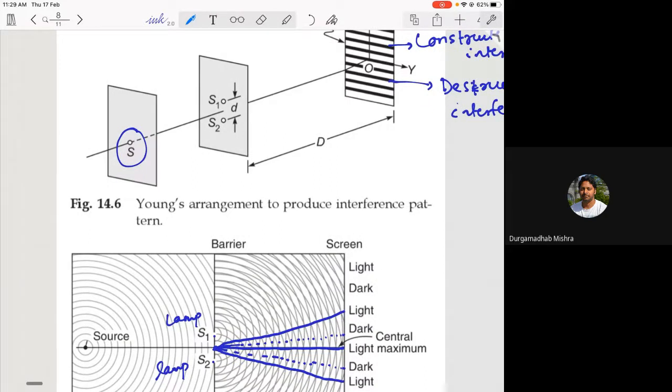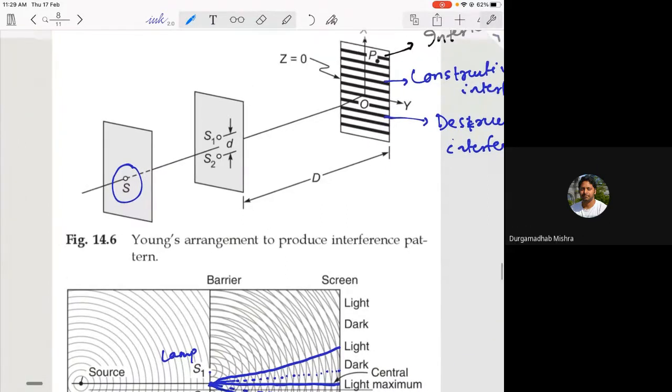What you will observe is a central bright fringe, maybe a little bit of dark fringes around it, and then maybe a little bit of color fringes, but after that you will see a uniform illumination. So you will not see clear dark and bright fringes for an extended region. That is the problem with sunlight.